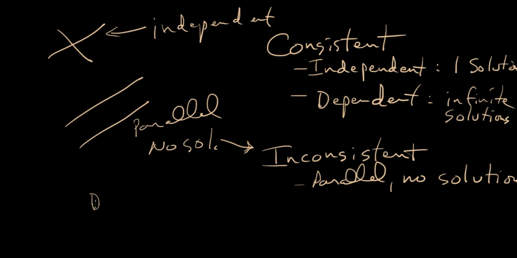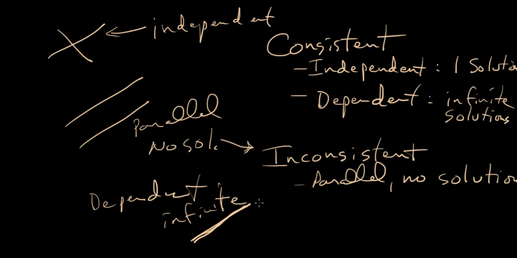Or they're dependent. And dependent simply means they're both on top of one another. Okay? And so they're infinite. Infinite solutions. That's how things work in the coordinate plane with systems of equations.